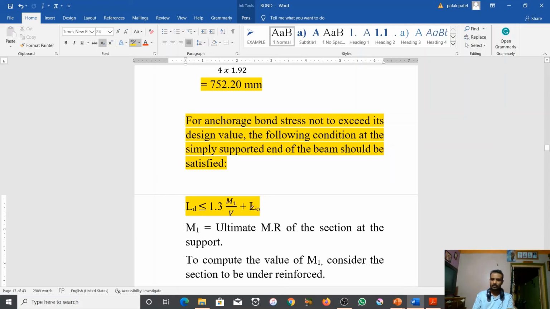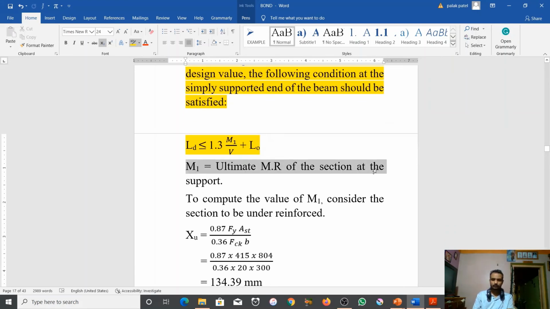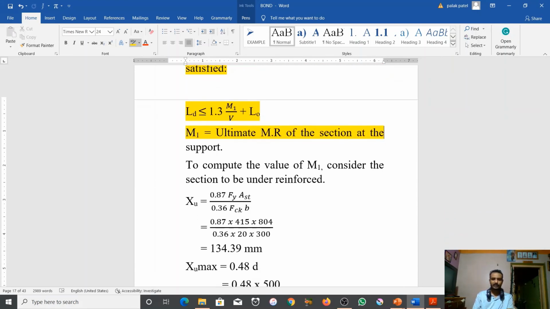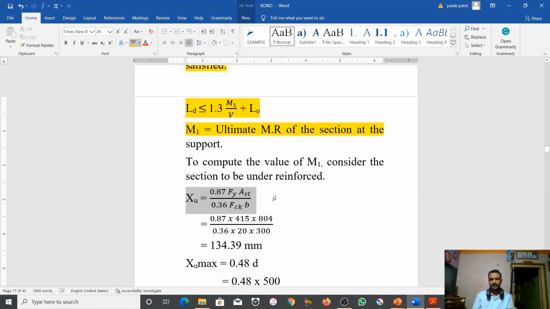LD we found out. L0 is the anchorage length, so we have to find it. How do we find M1? For M1, we need XU, the depth of neutral axis. The XU equation is 0.87 Fy AST divided by 0.36 FCK into B.